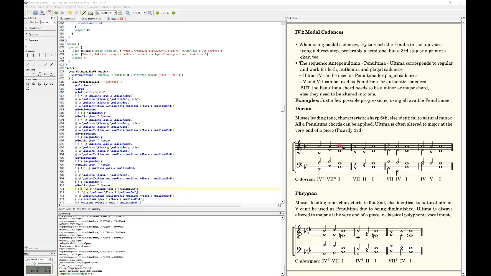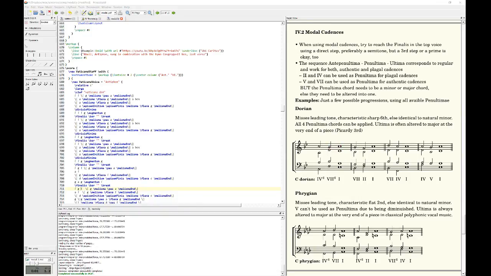So we try to have the root of our scale actually in the top voice. And it's best if it's reached with a simple step. So just one whole or half tone would be perfect. But if we took a third step or a prime step, that's still okay.